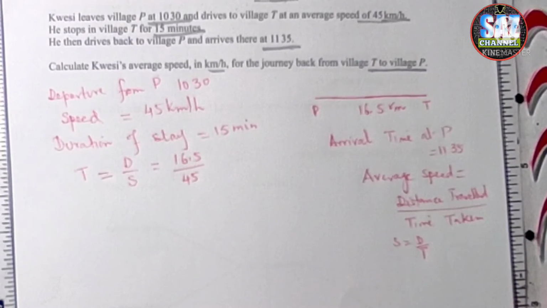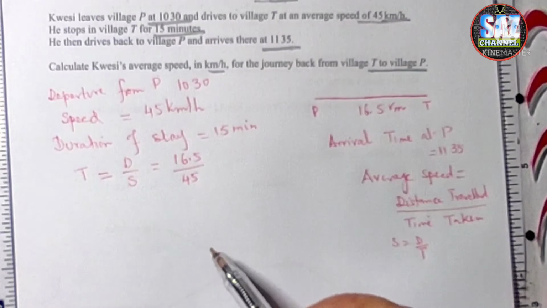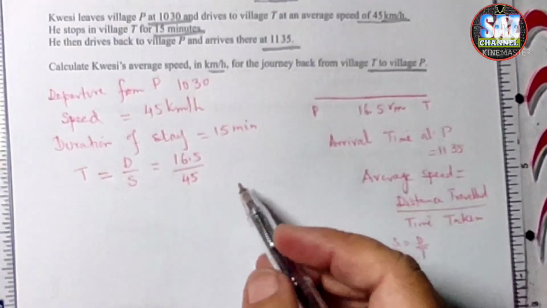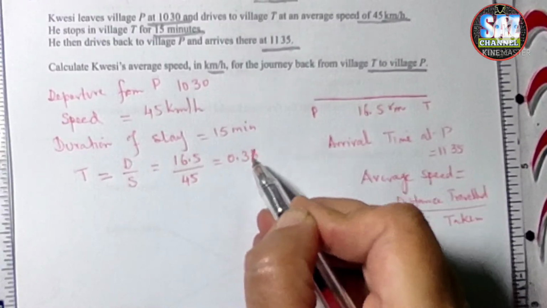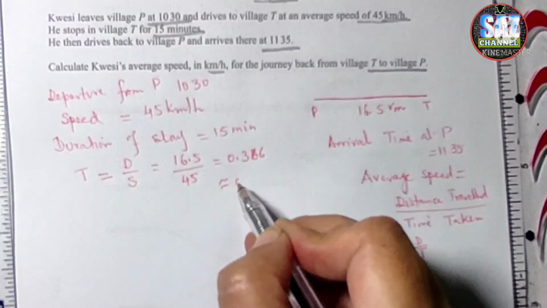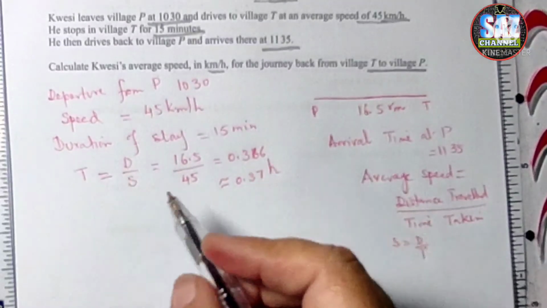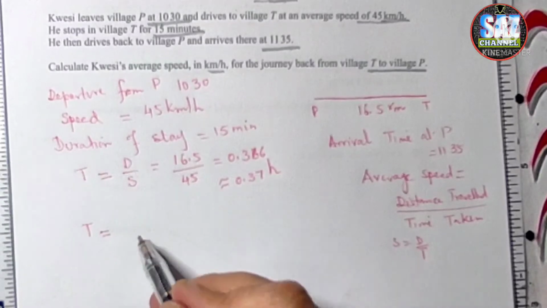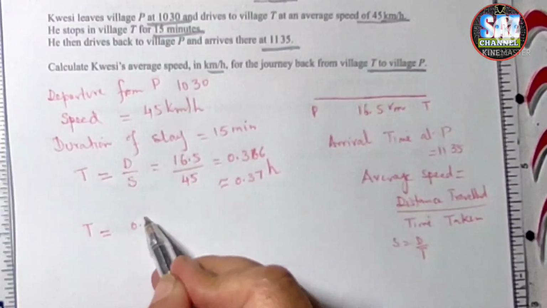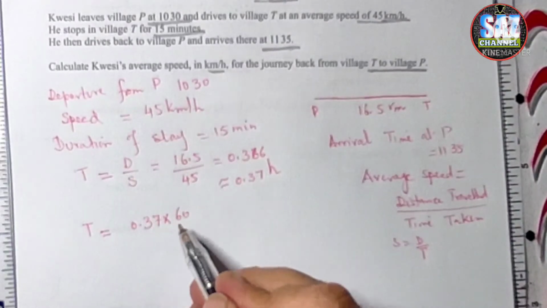16.5 divided by 45, and this gives me 0.36 hours, which can be approximately taken as 0.37 hours. Okay, so this is the travel time, 0.37 multiplied by 60, and I will get minutes.